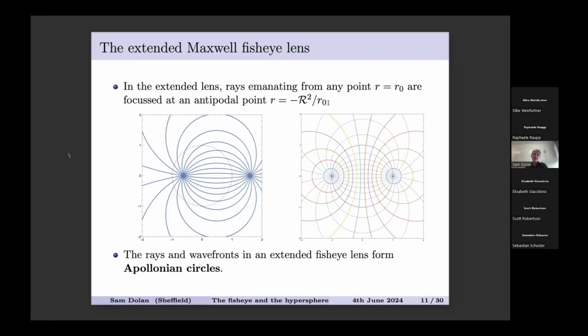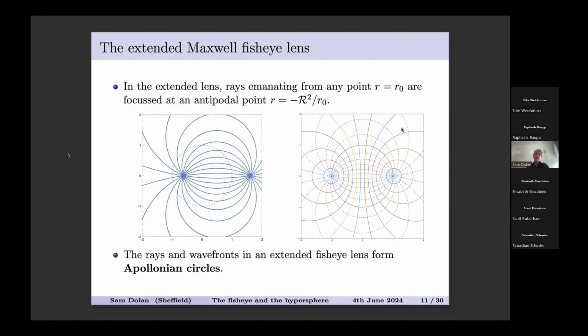And in fact, the rays and wave fronts in an extended fisheye lens form Apollonian circles. So this is geometry going back to the Greeks. And you can see that the wave fronts and the rays cross at right angles at every point in that square, and they form nested circles, which are not quite symmetric, but they're clearly nested.